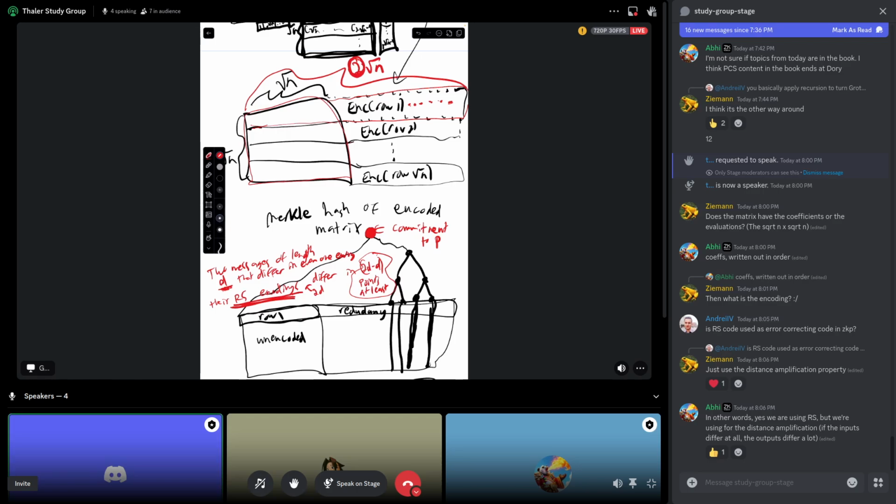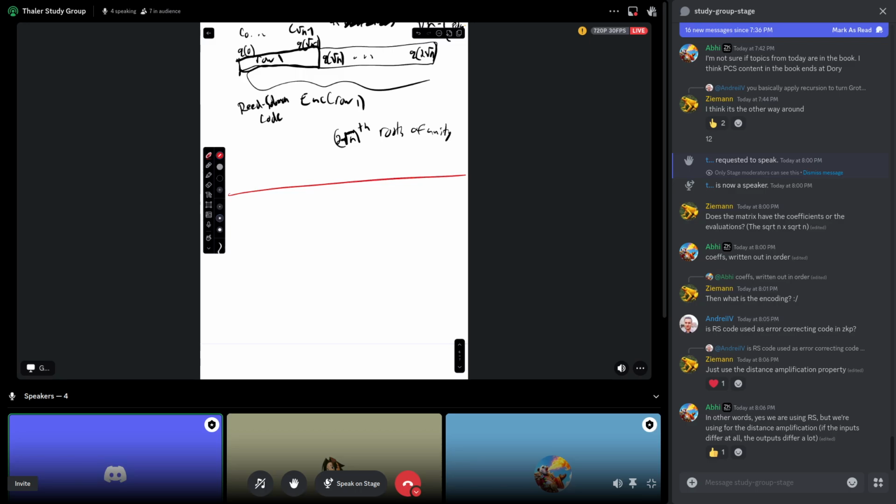Yeah, great. So we'll see this in the evaluation proof, which we haven't gotten to yet. But the encoding is there so that the verifier will be able to detect if the prover is cheating in any way, by inspecting only a small fraction of what is inside the Merkle commitment.